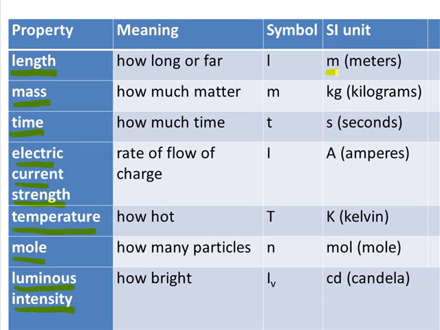The units, meters, kilograms, seconds, amperes, Kelvin, mole, and candela are the standard international units. So they are the 7 units decided on internationally to be the standard that we use in physical science.